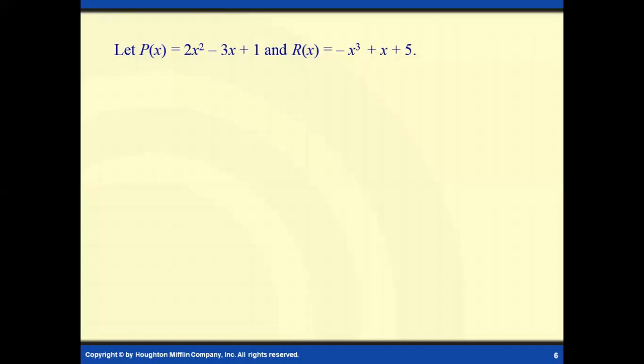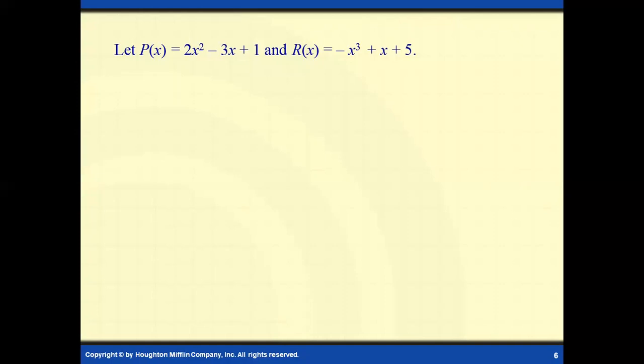To the first question, P of x plus R of x. P of x is 2x squared minus 3x plus 1, plus the R of x, which is minus x cubed plus x plus 5.